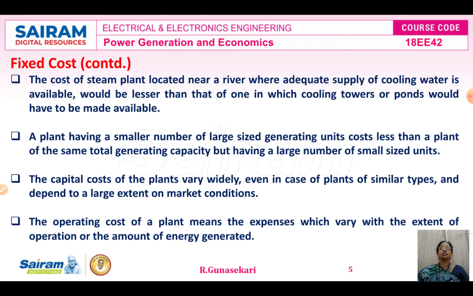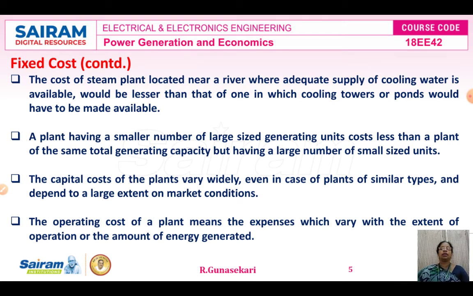Because a huge amount of water is required for a steam power plant, it is located near a river. The cost of a steam power plant located near a river where an adequate supply of cooling water is available would be lesser than that of one in which cooling towers or cooling ponds would have to be made available.